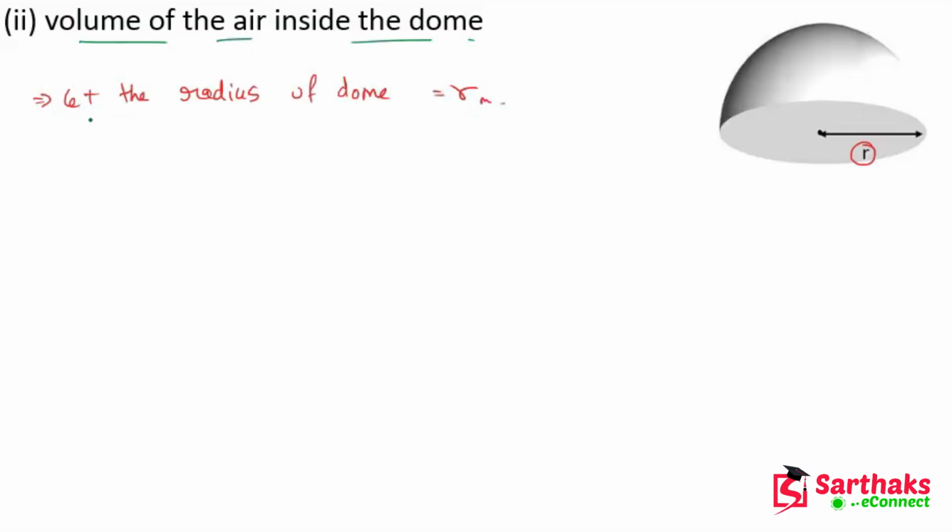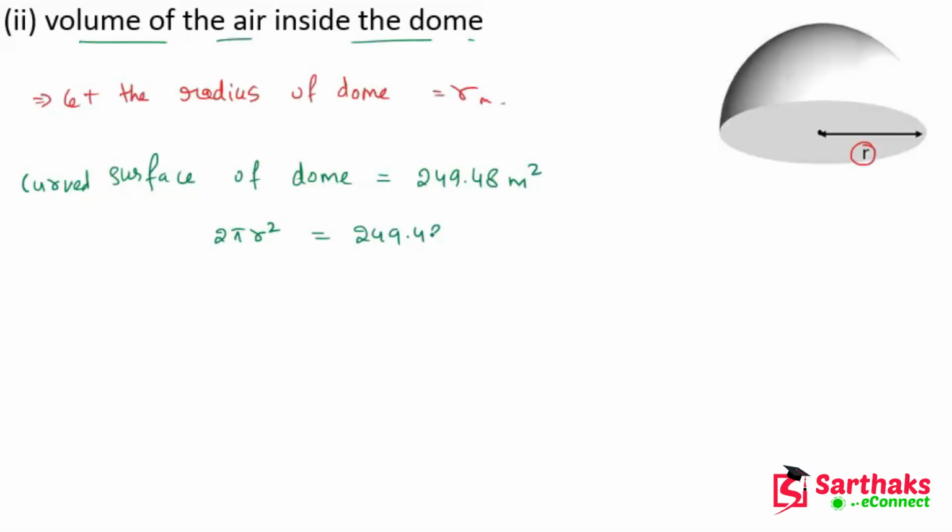We know that curved surface area is 249.48 meter square, and this is 2 pi r square. So from this we can easily find radius.